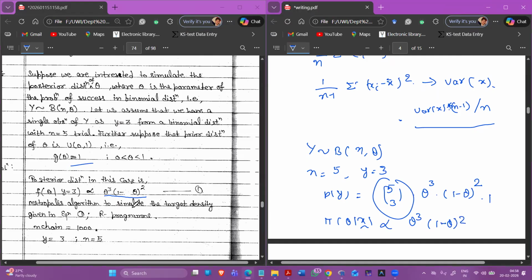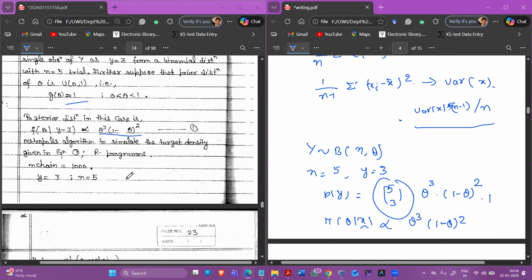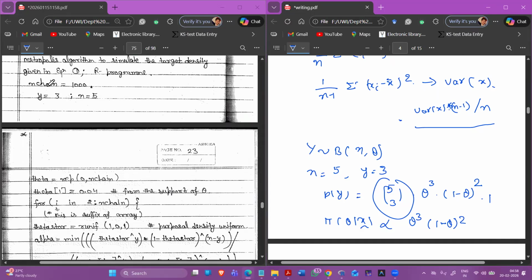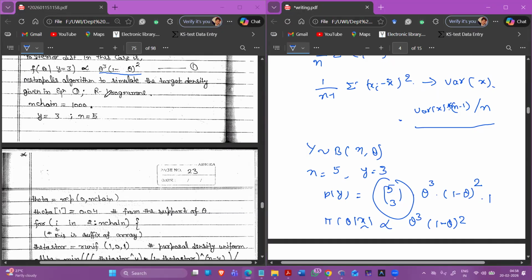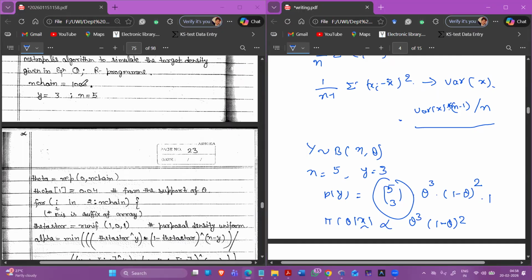Right. So we use the Metropolis algorithm to simulate the targeted density given in equation 1. So how will you use that one? I need to find the values of theta here. I will put n chain equals 1,000, meaning 1,000 times I am going to generate the values of theta.